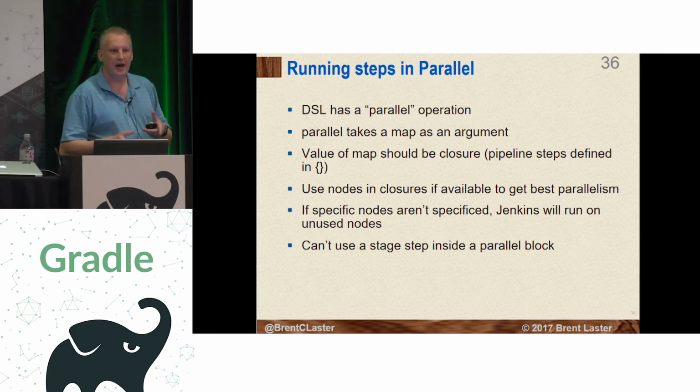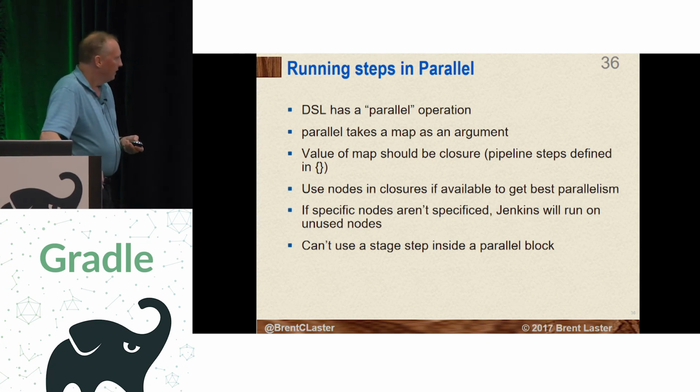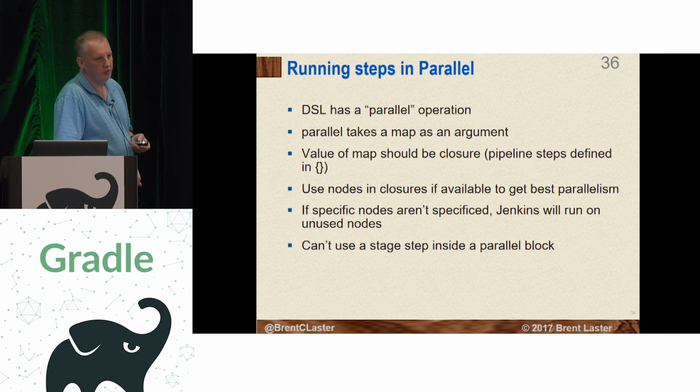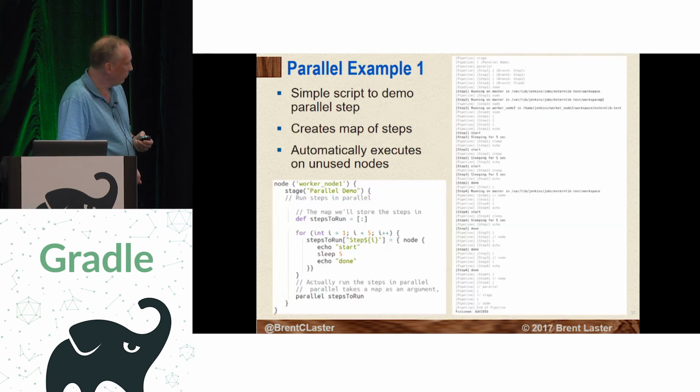So if you have the map out there, that's the main thing. If you want to run the parallel steps on different nodes, you would put the node definition in there. If the nodes aren't specified, Jenkins is going to try to run it on some unused nodes that it can find. The other thing to know is you can't use a stage step inside of a parallel block.